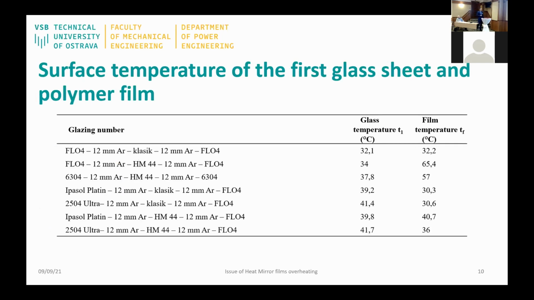These are the first results. The maximum temperature can reach 65 degrees Celsius. So it's too high, and the polymer film, the heat mirror film, can be deformed. So this is a problem. This is the problem of overheating.